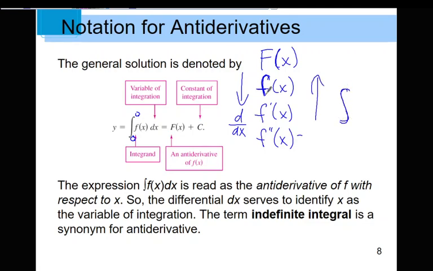If you have the integral of f prime, it gives you f of x. If you take the antiderivative of f double prime, you get f prime of x. If you take the antiderivative of little f, you get capital F. This is just notation that you're going to have to remember.